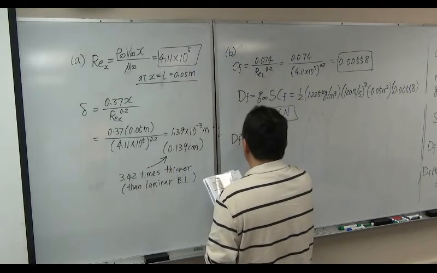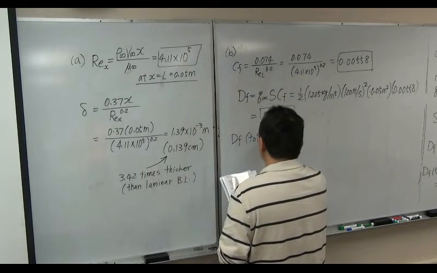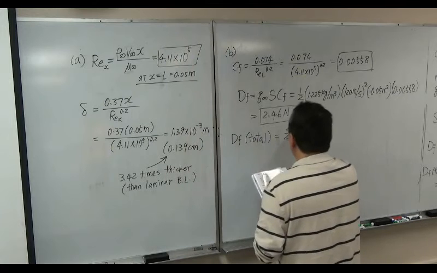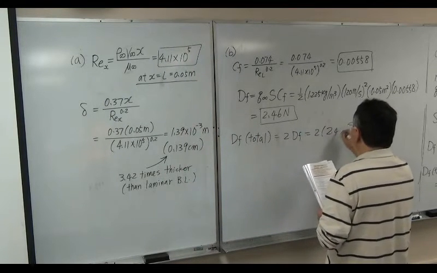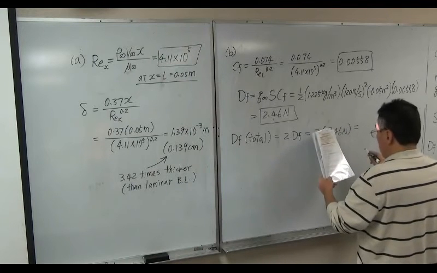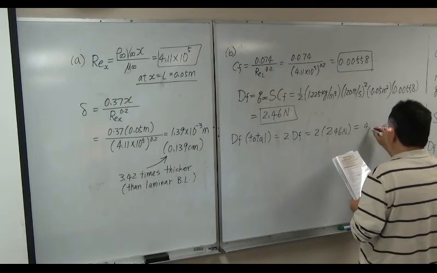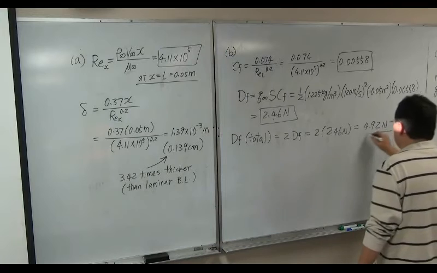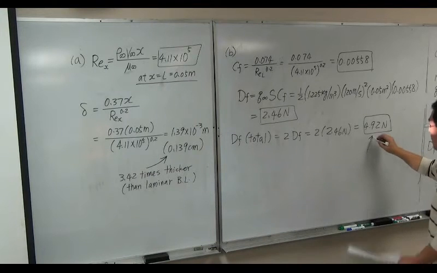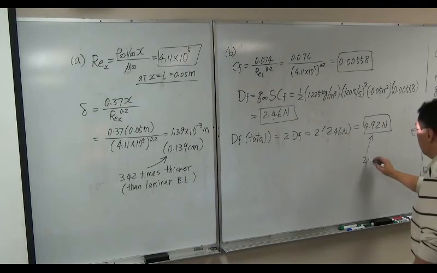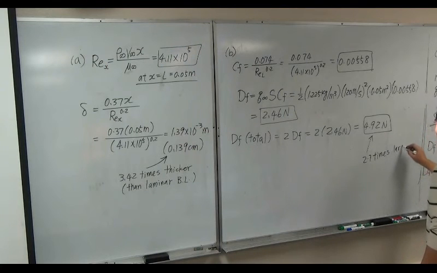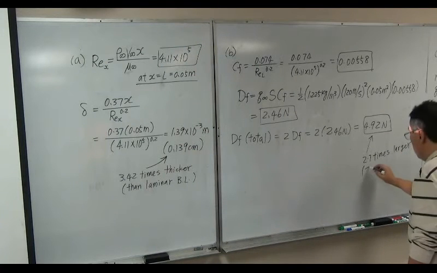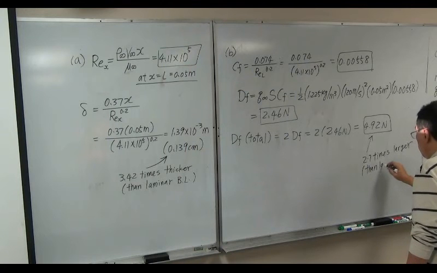The total DF is 2 times DF, which is 2 times 2.46 Newton, which is 4.92 newtons. This is 2.7 times larger than for the laminar boundary layer.